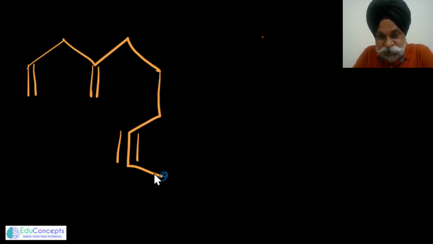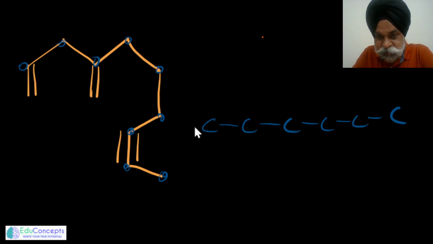You just have to see how many carbons we have taken, 1, 2, 3, 4, 5, 6, 7, 8, 9. So I mark the 9 carbons like this, 1, 2, 3, 4, 5, 6, 7, 8 and 9. There is a triple bond at the second position, 1, 2, so here is a triple bond.